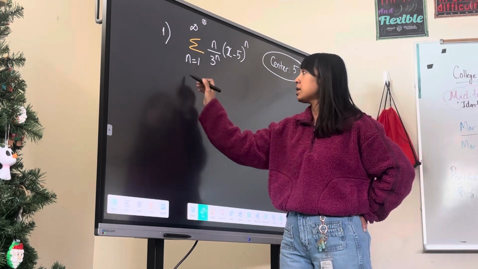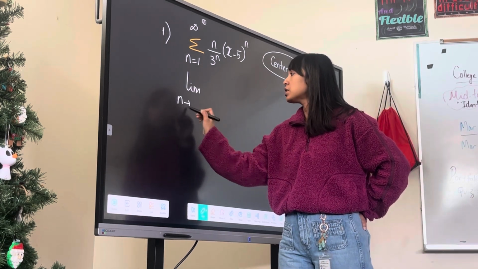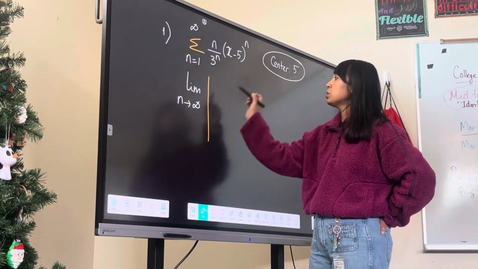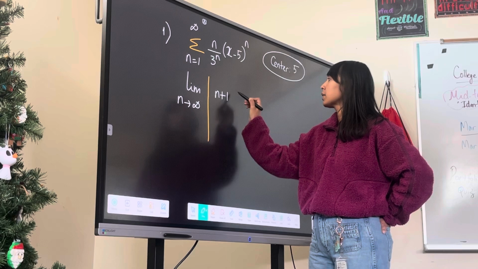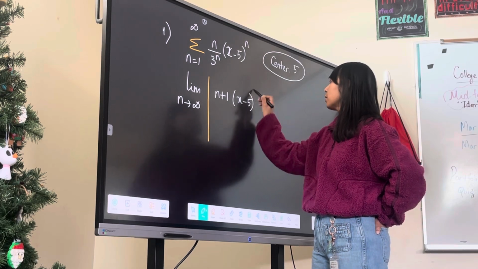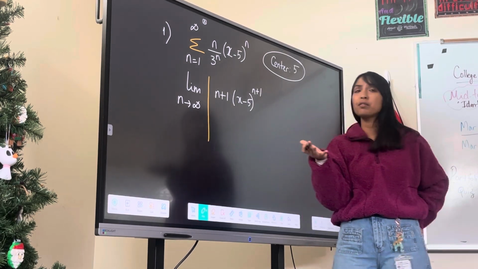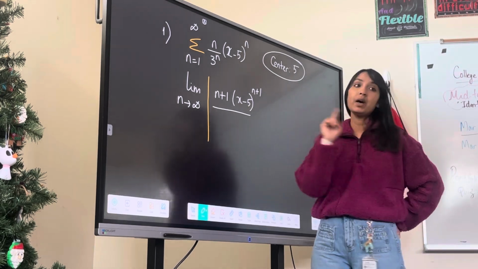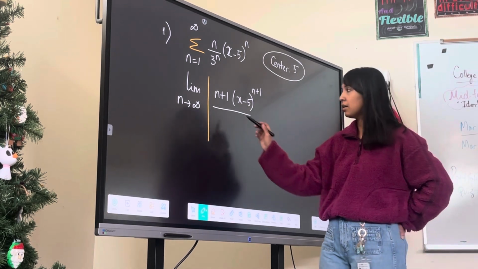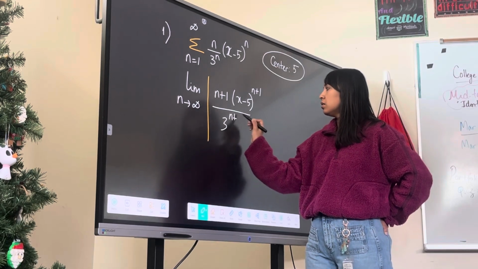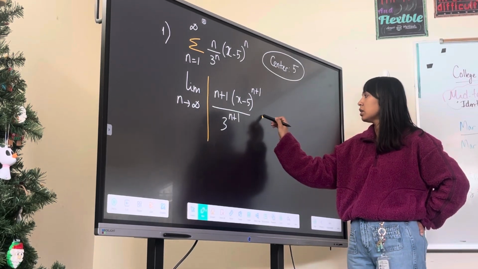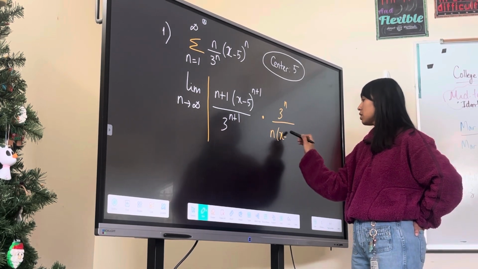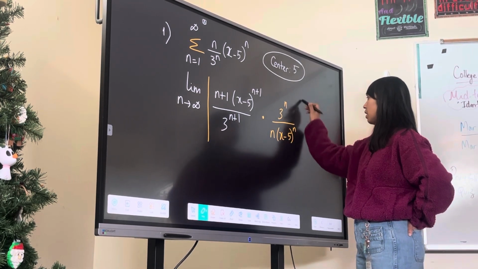So the limit as n approaches infinity, absolute value, don't leave that out, of (n plus 1) times (x minus 5) to the n plus 1, times 3 to the n over n times (x minus 5) to the n. I will do the simplifying just for this one, but the rest I won't show the simplifying.